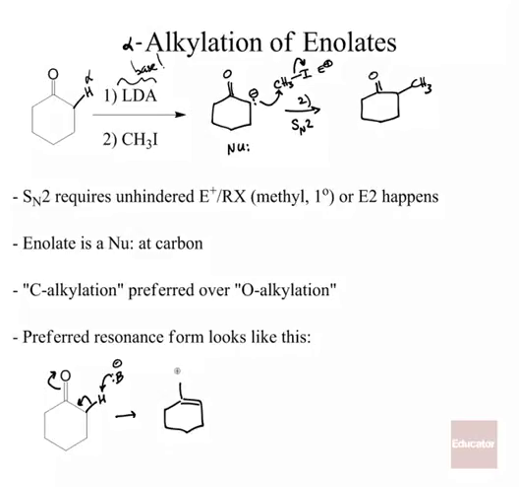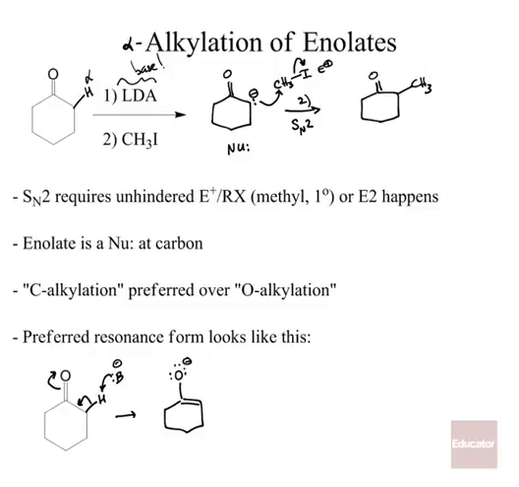So I'm going to draw the enolate like this. Now that's the better resonance form because it has a negative charge on the more electronegative oxygen. In other words, this better represents the actual hybrid of the enolate structure.